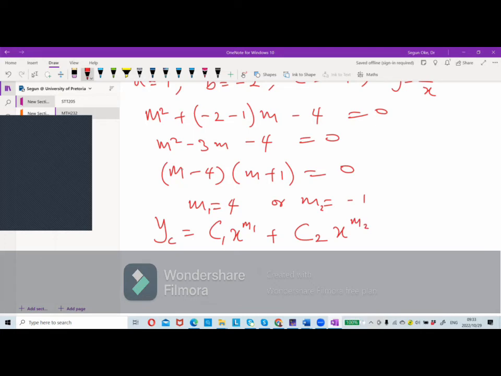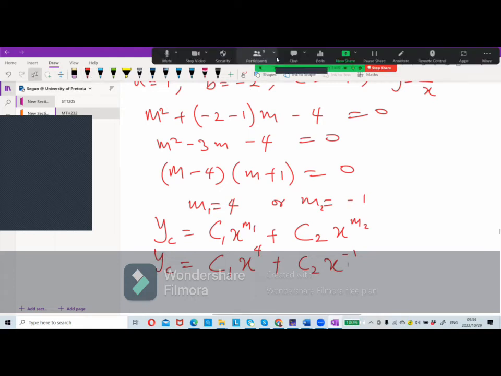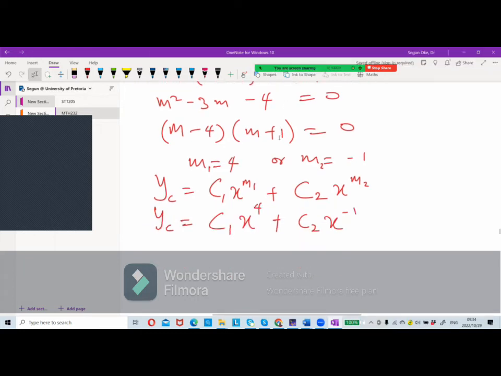Remember, they are distinct, and our yc is equal to C1 x raised to power 4 plus C2 x raised to power minus 1. So now we have the yc, and we can continue to solve for the second phase.